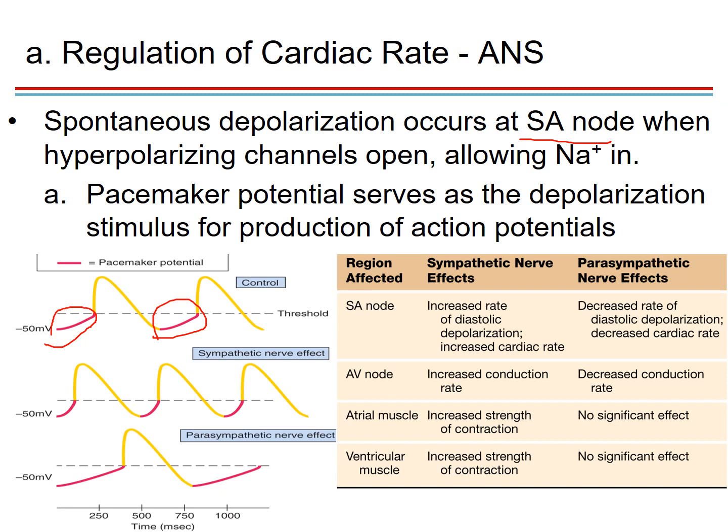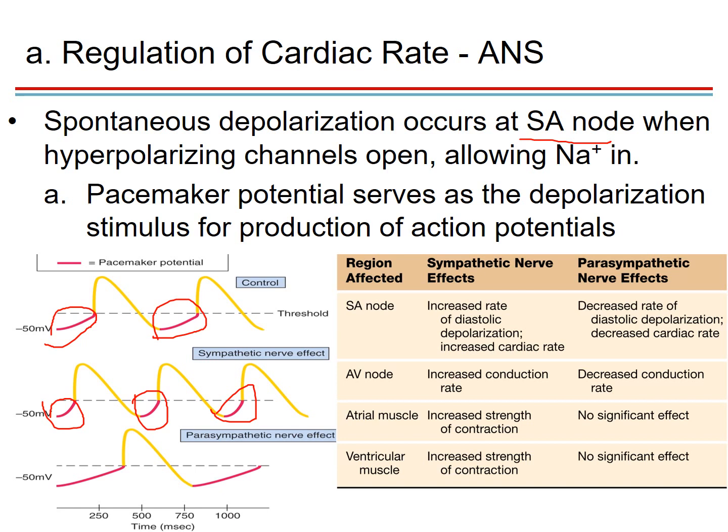What this means is that each action potential is going to be accompanied by contraction of that myocardium. So we can have two effects, the first being the sympathetic effect. Here in this image, what we have is an increase in cardiac rate at the SA node. This is due to the neurotransmitters norepinephrine that comes from the sympathetic axons and epinephrine that comes from the adrenal medulla. These bind primarily to beta adrenergic receptors, and these are going to open hyperpolarized channels and allow calcium channels to increase the rate.